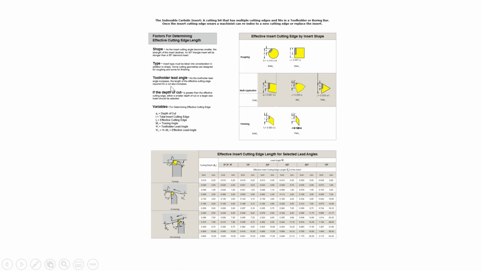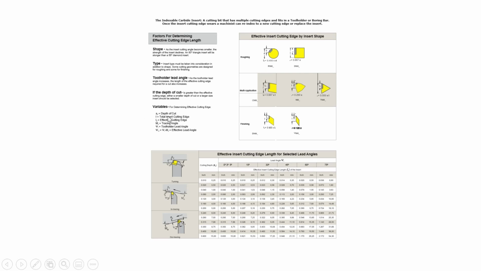Depending upon the type of tool holder, you can use different types of inserts and choose different cutting edges. And lastly, depth of cut. If the effective cutting edge is not sufficient for the depth of cut, you can choose a smaller depth of cut or a larger insert for machining.